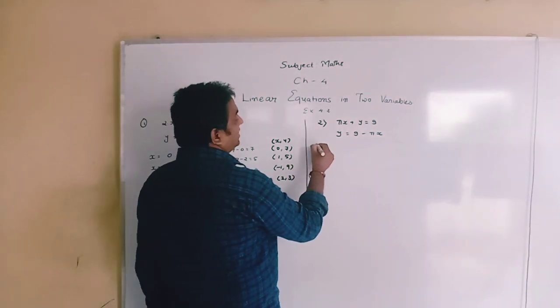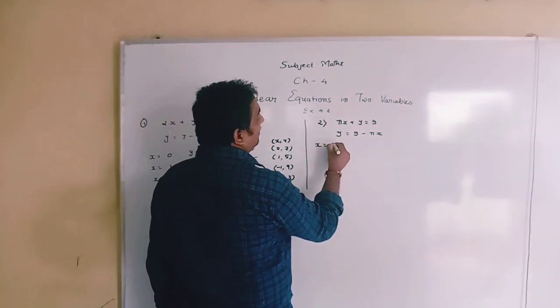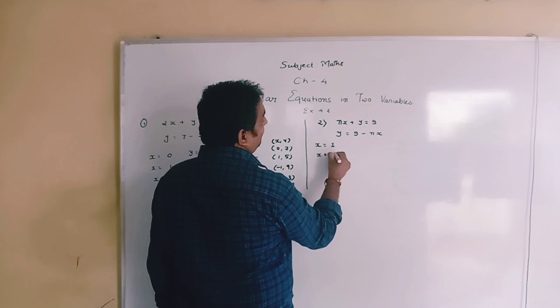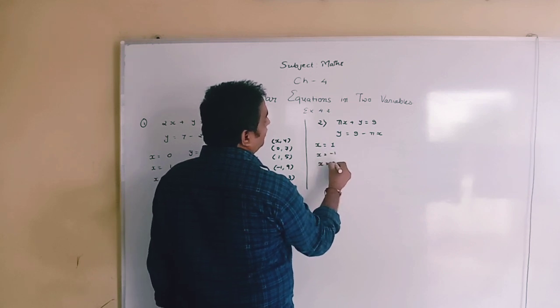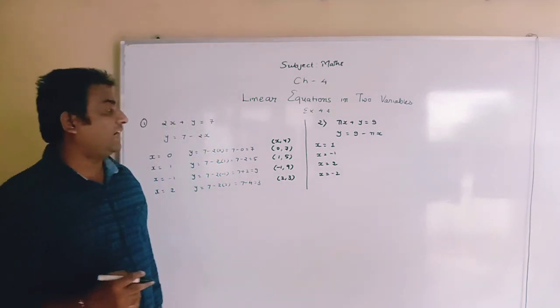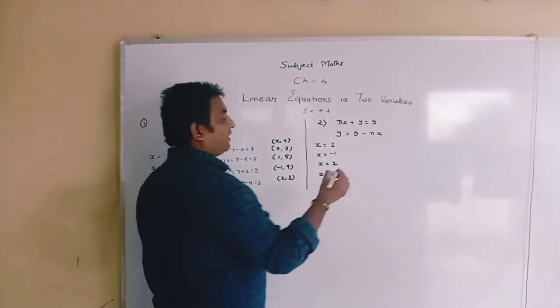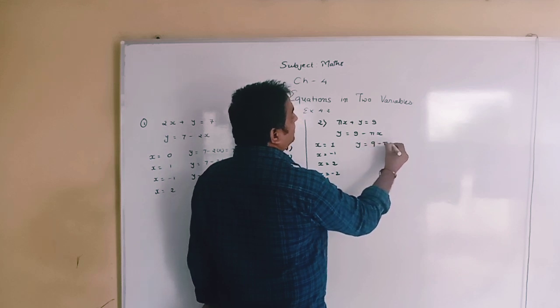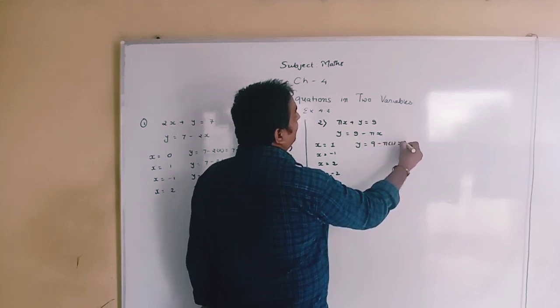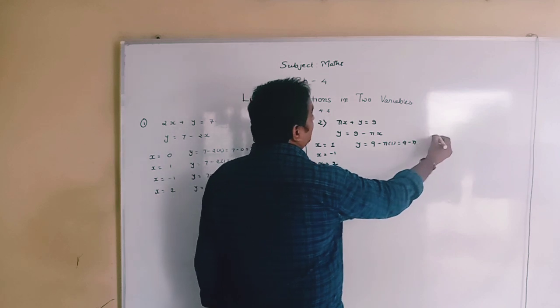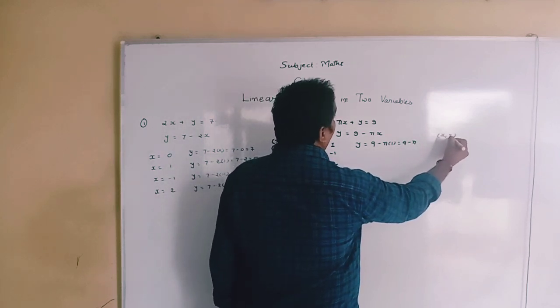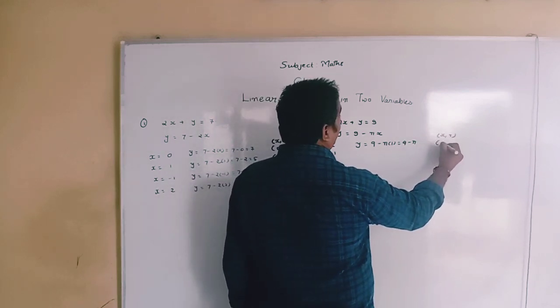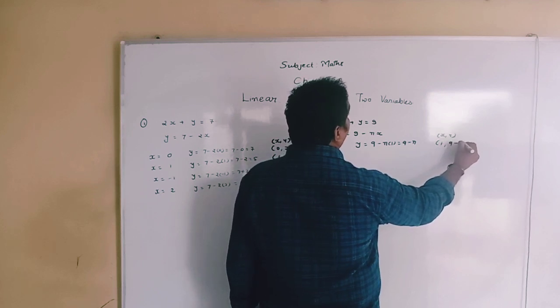So x we select as 1, minus 1, 2, minus 2. Any choice we can take for x because x is independent. So y equals 9 minus pi into 1, that is 9 minus pi. And so the (x, y) solution we have is x is 1 and y is 9 minus pi.